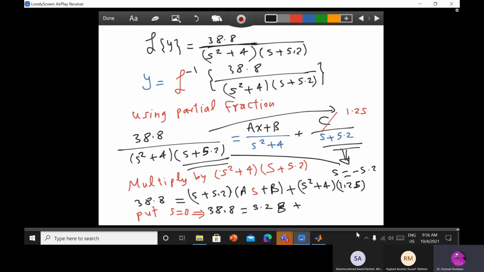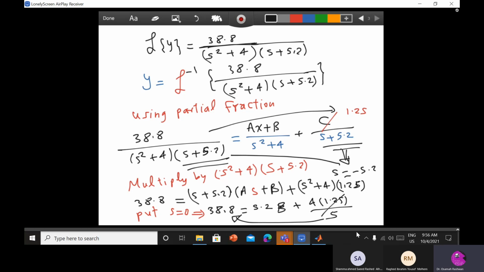Plus, when you put S equal to 0, you have 4 times 1.25. So 4 times 1.25 is 5, right? It's 5. So move the 5 to the other side.